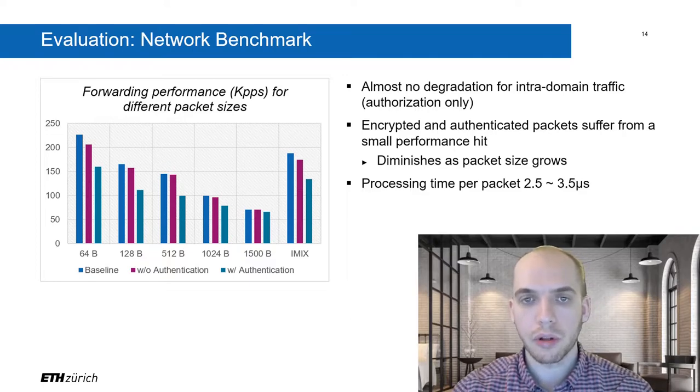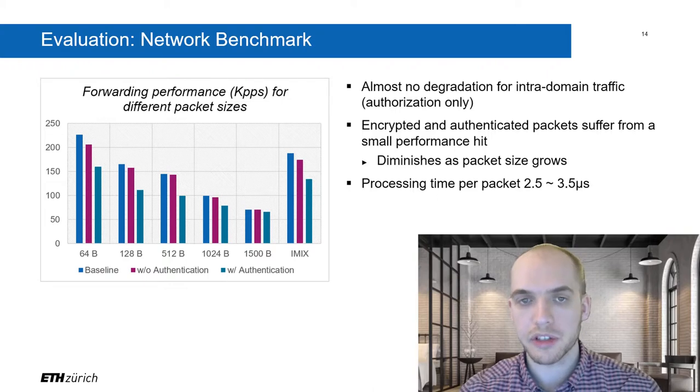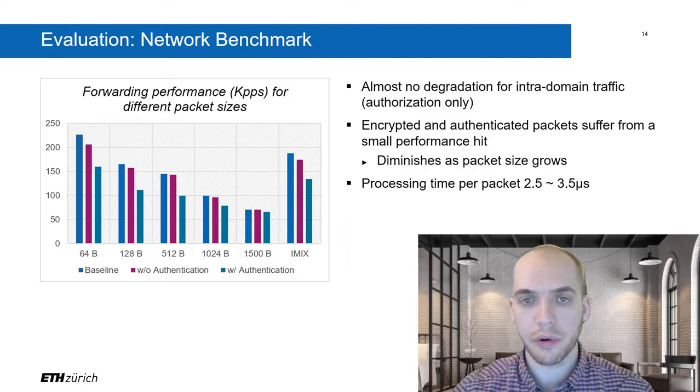We observe almost no degradation for the first case, whereas the latter case suffers from a performance hit, especially for small packet sizes. This is expected as the degradation not only is caused by the processing overhead for authentication, but also the transmission delay of the encoded zone information.